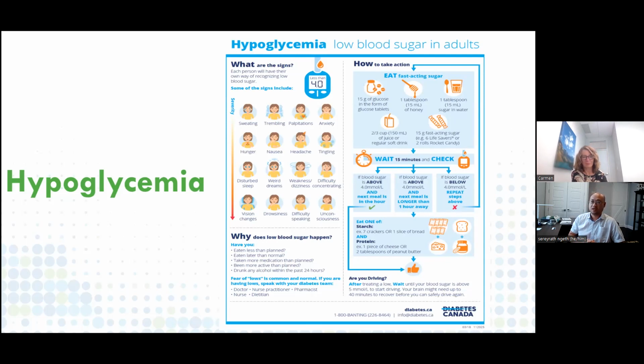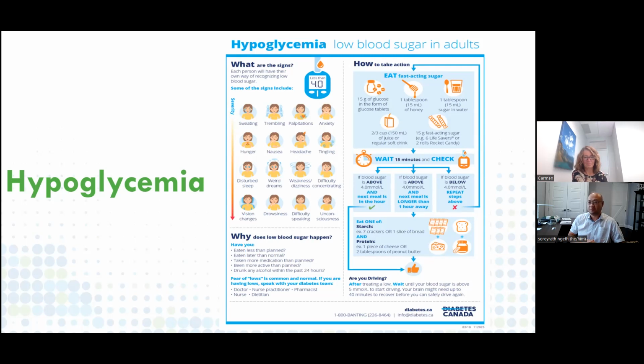It could be relatively mild, starting from sweating, trembling, palpitations, heart racing, anxiety, feeling hungry, nausea, headache, or tingling, to more severe symptoms, which includes vision changes, drowsiness, difficulty speaking, and even being unconscious.